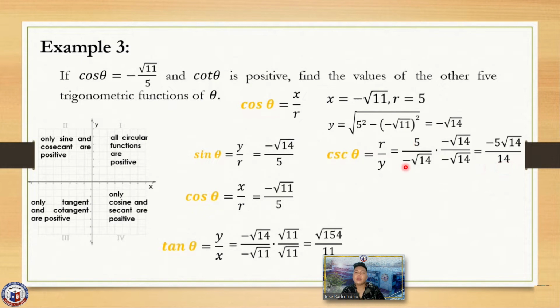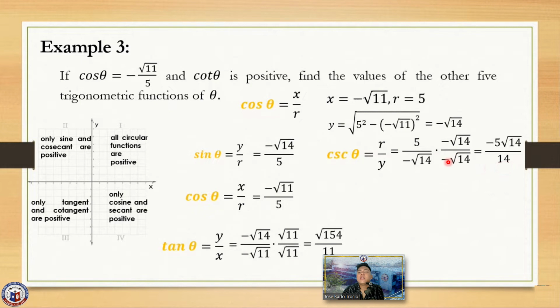Try to imagine: one is negative, so that is negative. Here, both the numerator and denominator are negative, so when you divide, that becomes positive. That is why we chose a positive square root of 14 for both. Again, if both numerator and denominator are positive, but if only one is negative, that is the negative you multiply.